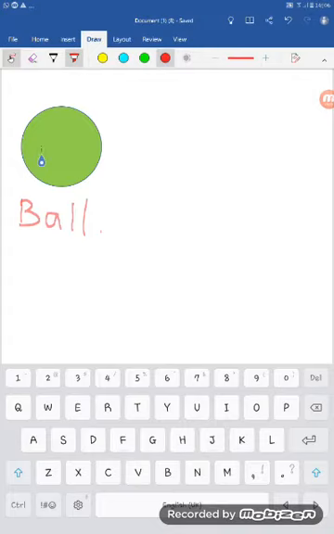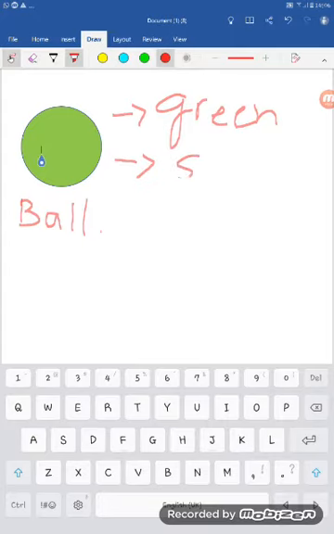And how are we going to describe this ball, a noun? We can say a green ball. A green ball. Okay. We can also describe it by using the word a soft ball. Right? So how are we going to use it in a sentence?